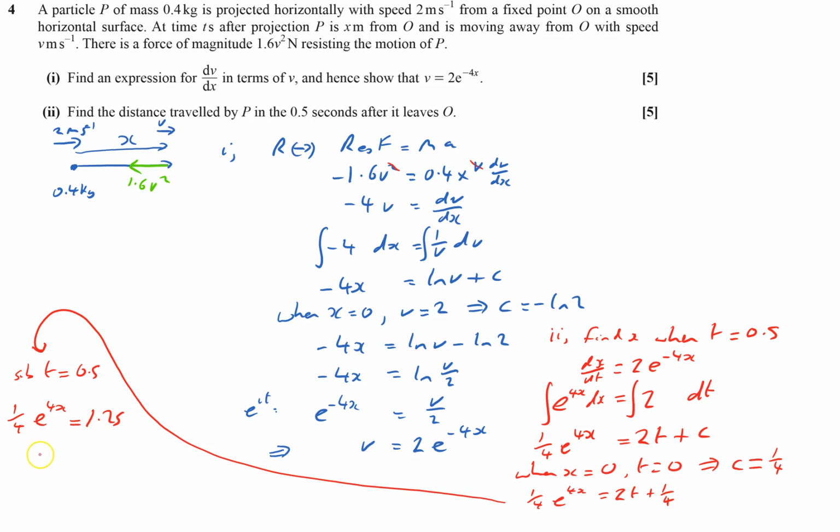Times both sides by 4, e to the 4x equals 5. Take ln of both sides, and that gives 4x equals ln 5, and then divide by 4, x equals a quarter ln 5. You could work that out as a number, but there's no reason why you can't give it exactly. And that's question 4 done.